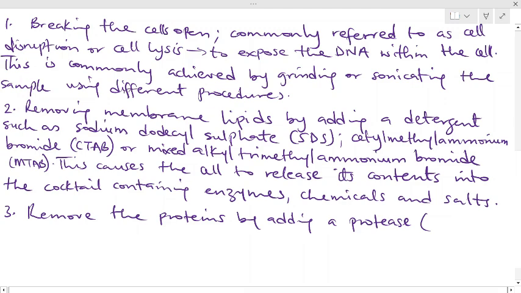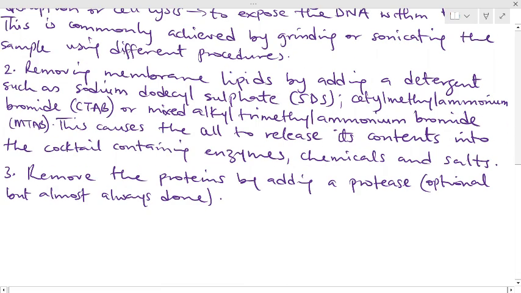Though it's optional, it's always done. All right, then right there you have the 4th step of what? DNA isolation.